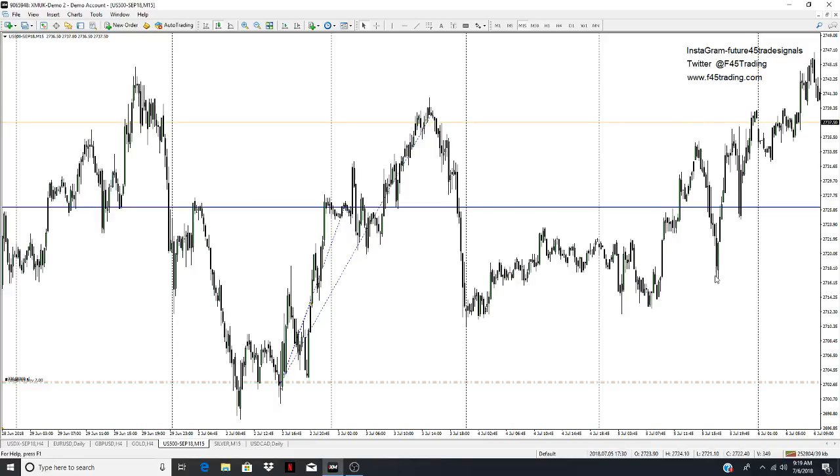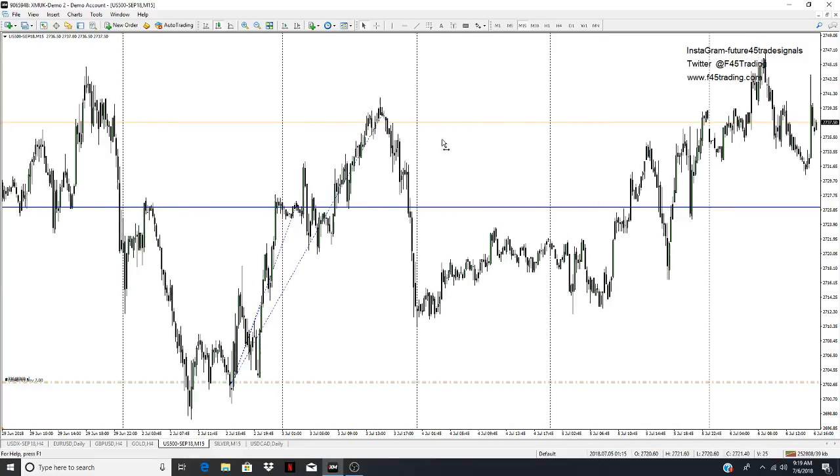I said, well, this wouldn't be a bad place to put another position on, and I just didn't do it. Because this was the 4th of July holiday in the United States, and the next day it just wasn't a good trading day for me, as far as being in front of the charts. And I didn't take the trade, but obviously it would have been a very nice position.